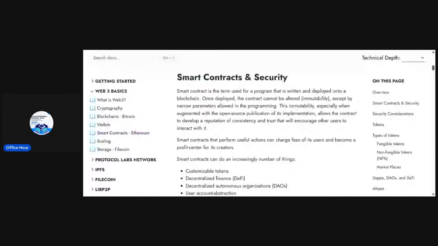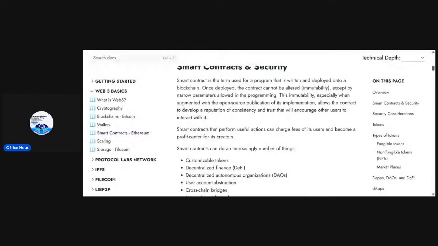Here you learn about what a smart contract is. A smart contract is simply a program that is written and deployed on the blockchain. Once deployed, it cannot be altered.